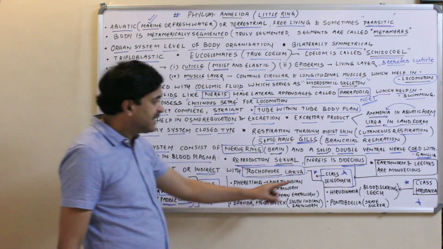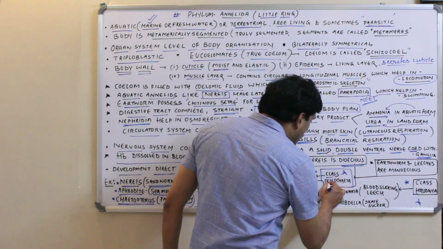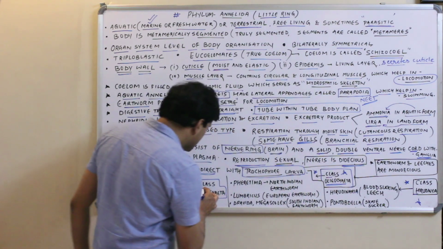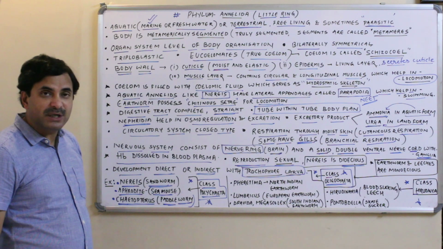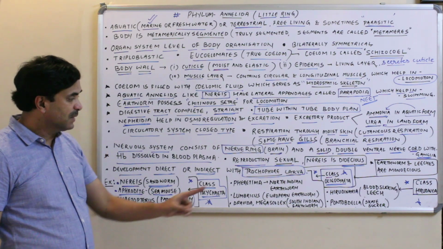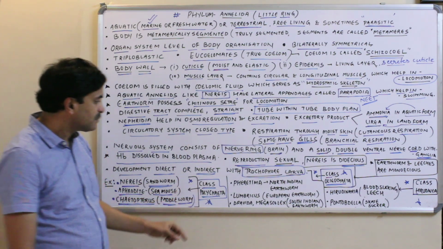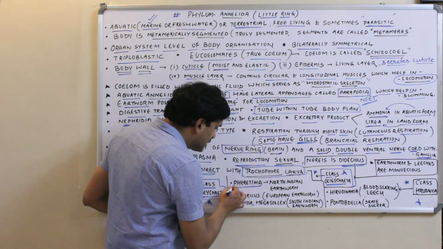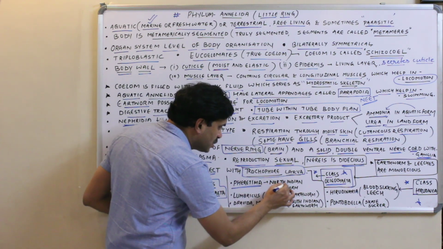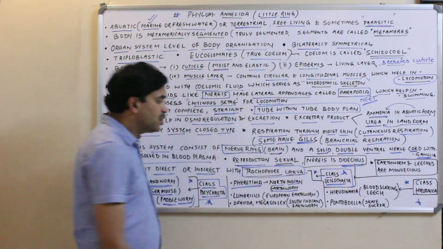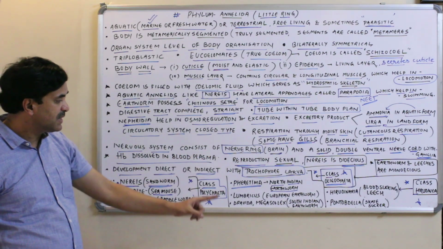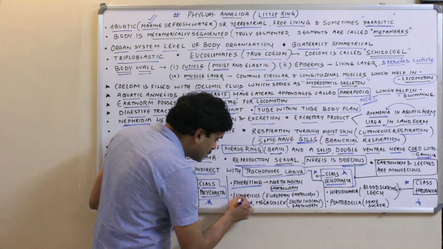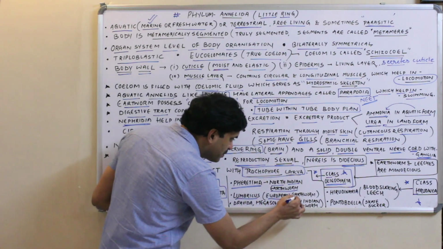Now, the second class, Oligochaeta. This was the class Polychaeta. Coming to the class Oligochaeta, a very important class because earthworms are included here. Pheretima, the most common earthworm, is known as the North Indian earthworm. Lumbricus is also called the European earthworm.